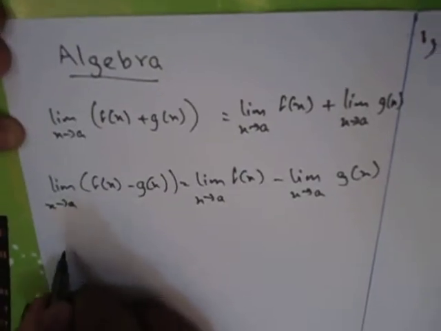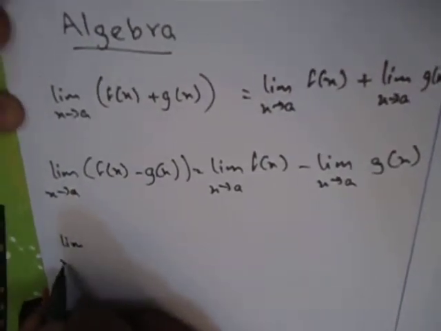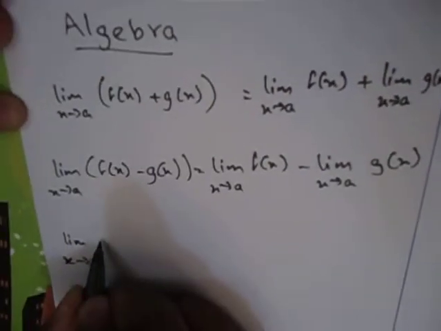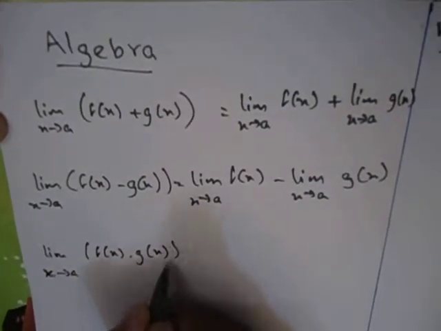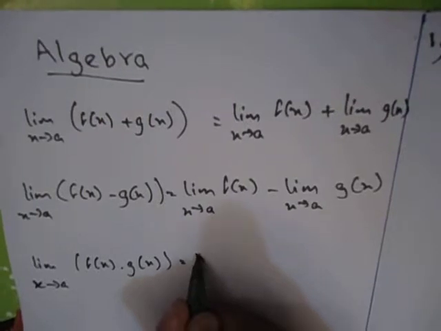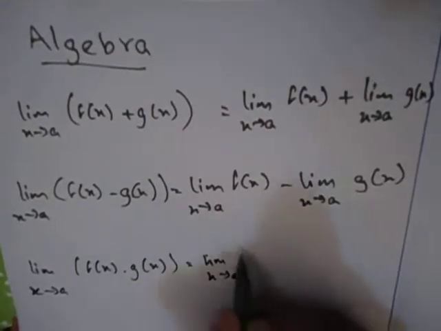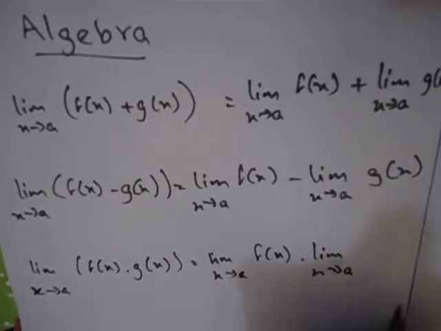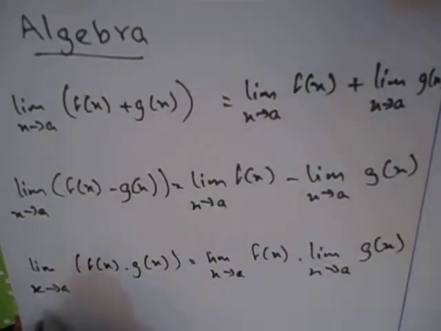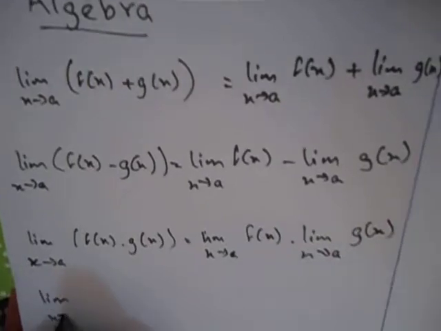So the same thing applies for addition as well as multiplication. So limit f of x into g of x is limit x tends to a f of x into limit x tends to a g of x, and division.